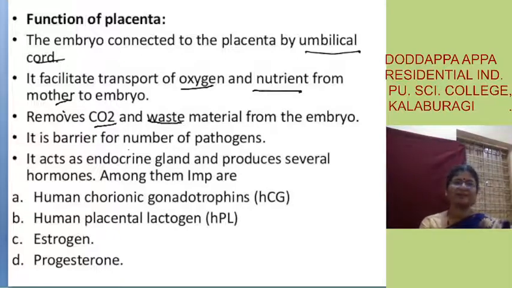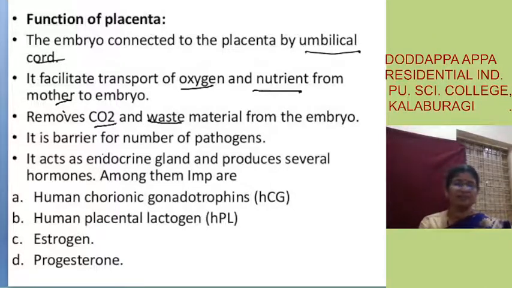A barrier is formed between the fetus and the mother, that is the placenta.